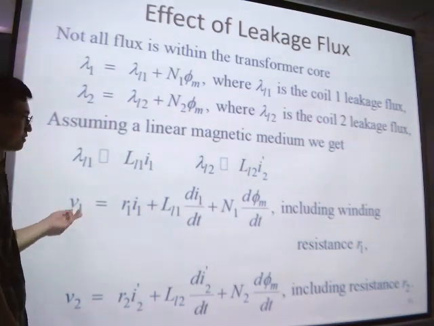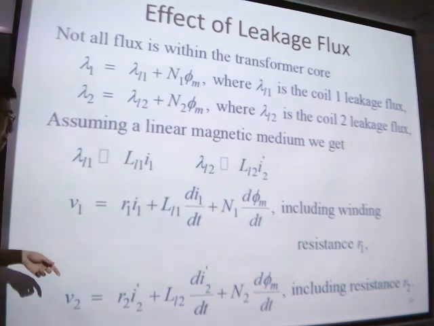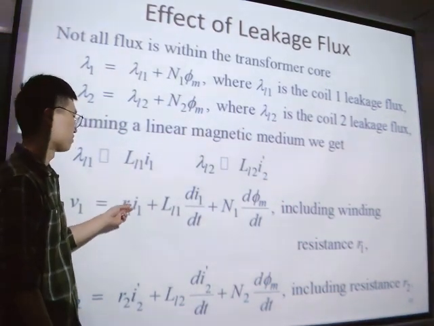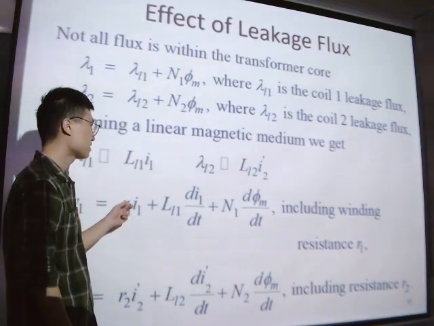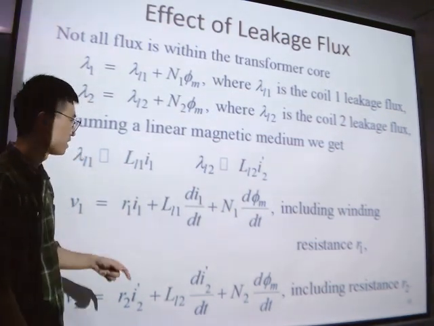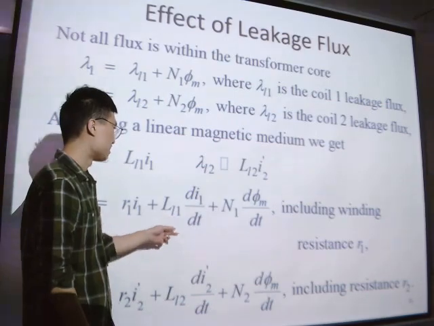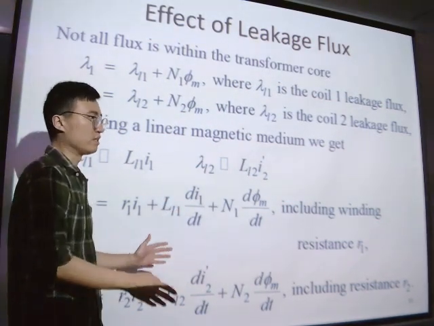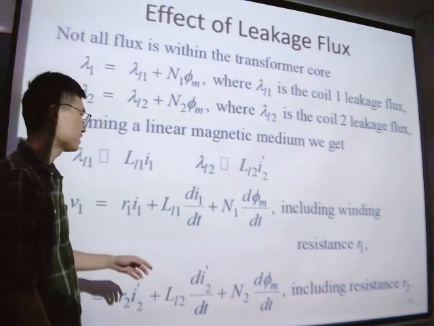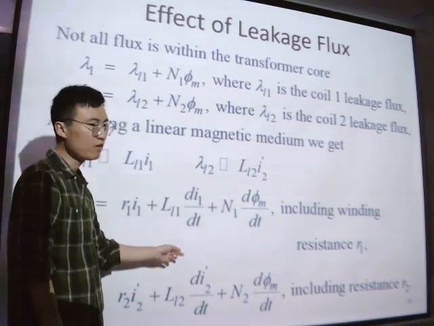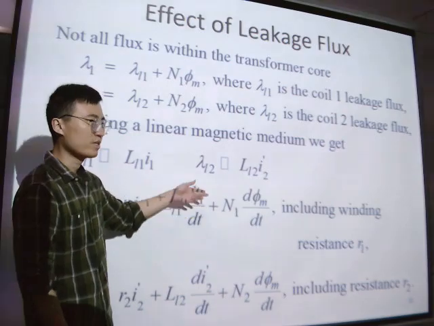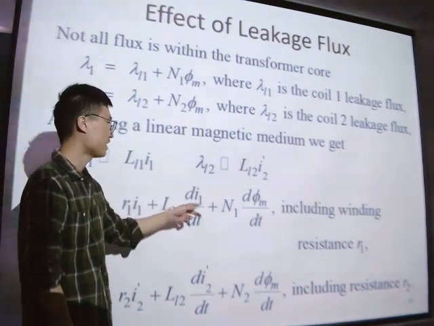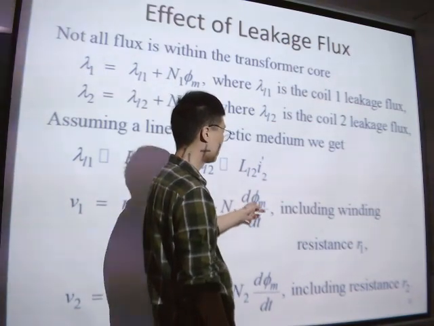So the voltage V on the primary side includes the current or the losses in the resistance. For the L, because the magnetic field is generated by the change, by the variation of how quickly this current is changing, it will be the differentiation of I and N, also the differentiation of phi n.